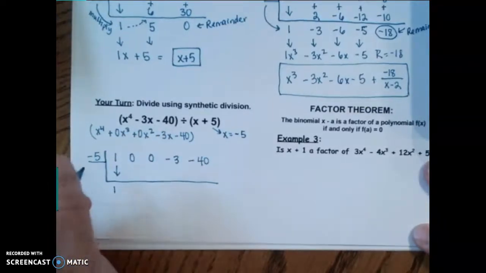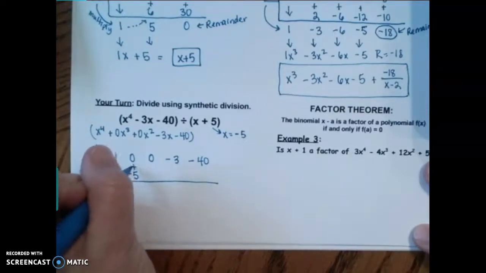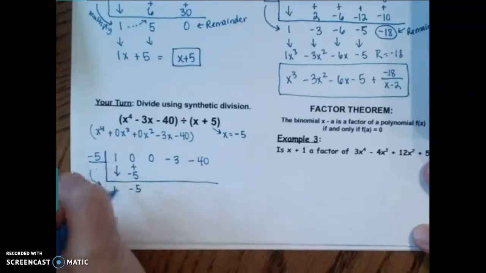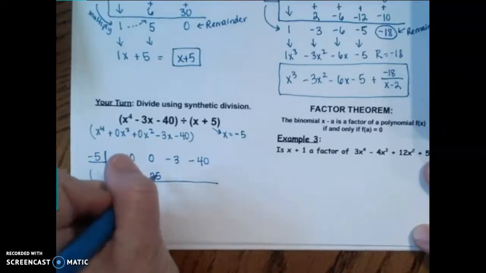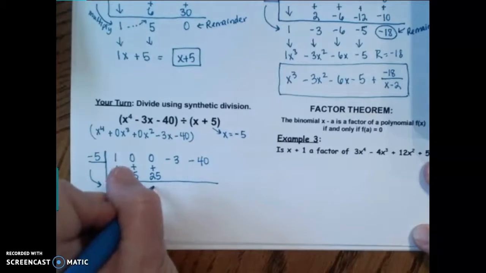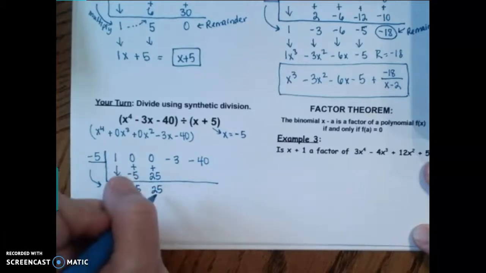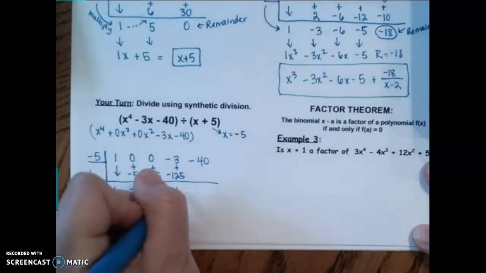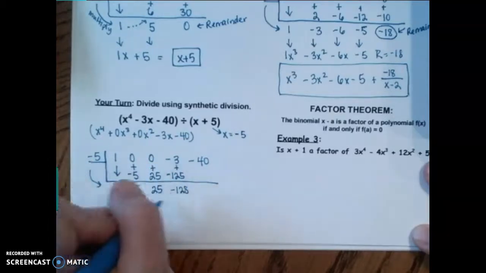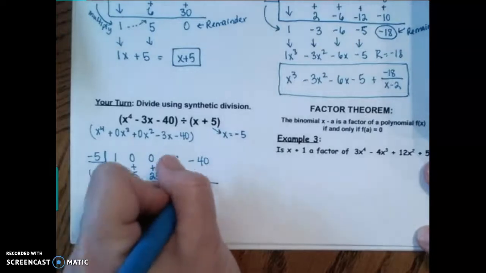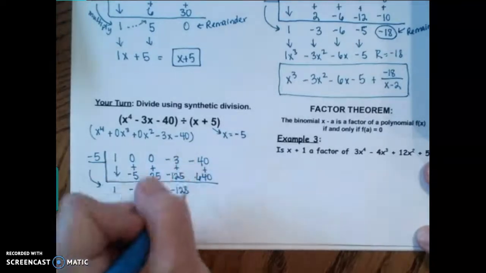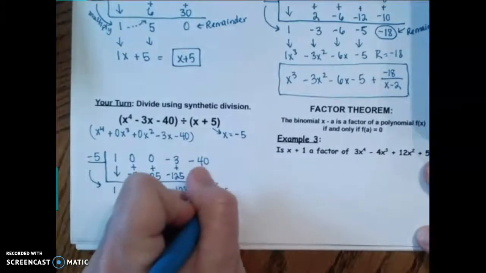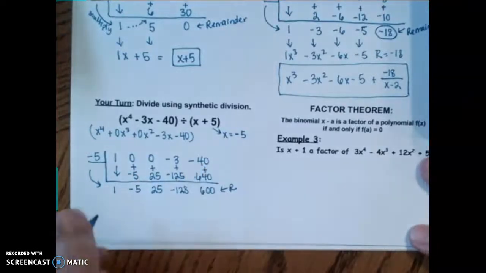Drop the first number down, multiply. So negative 5 times 1, always adding. Negative 5 times negative 5 is 25. Negative 5 times 25 is going to be negative 125. Negative 5 times negative 128 is going to be 640. So you should have gotten a remainder of 600.